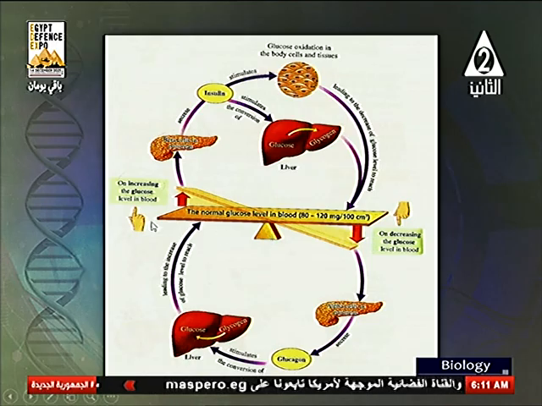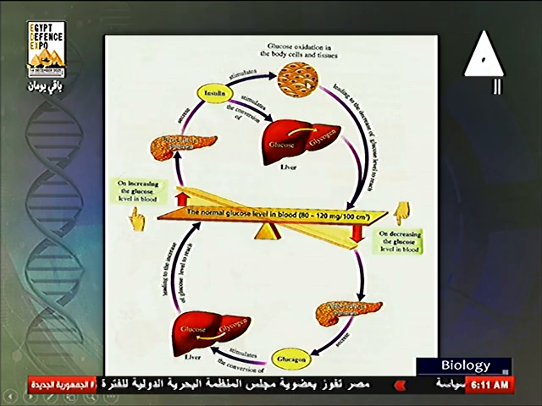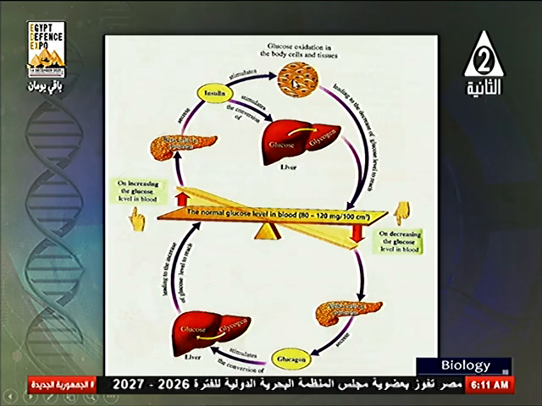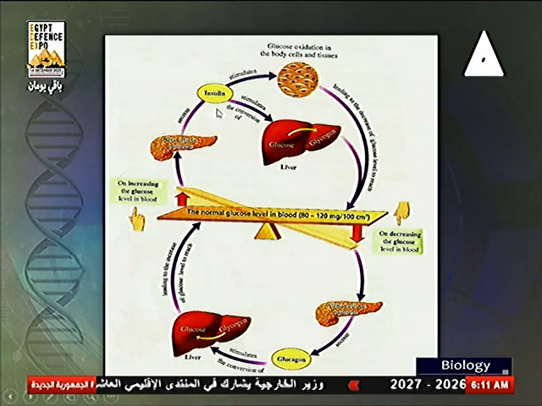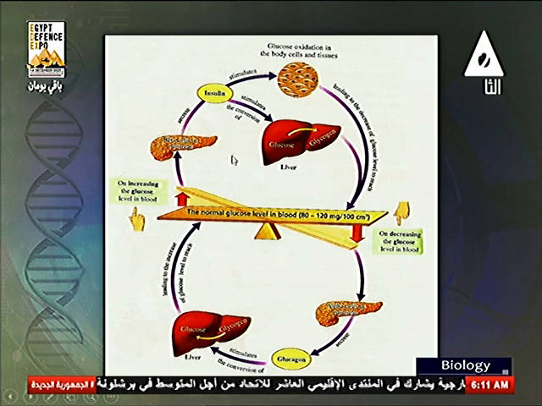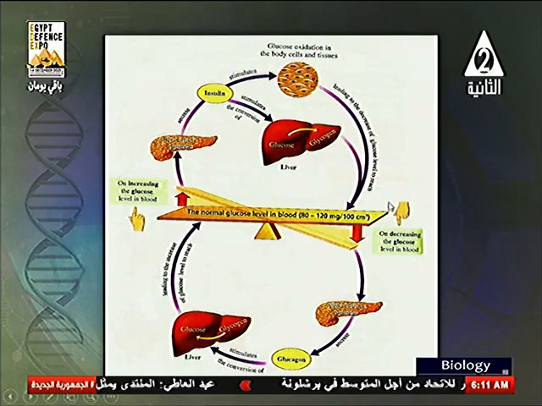If the level of glucose increases more than normal, the pancreas secretes insulin, which stimulates cells to take glucose and oxidize it, or convert glucose into glycogen and store it in the liver, or convert glucose into lipids and store it in different body parts. So the level of glucose will decrease to the normal range.